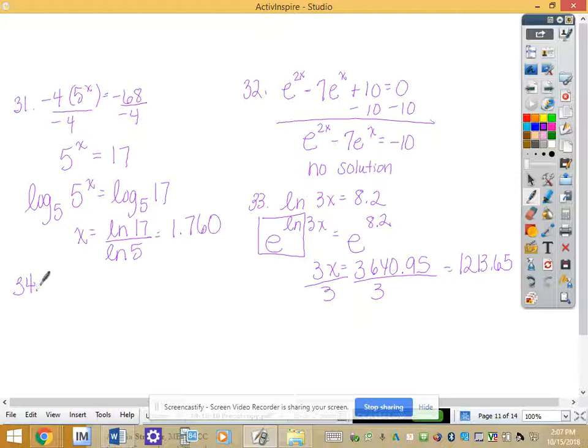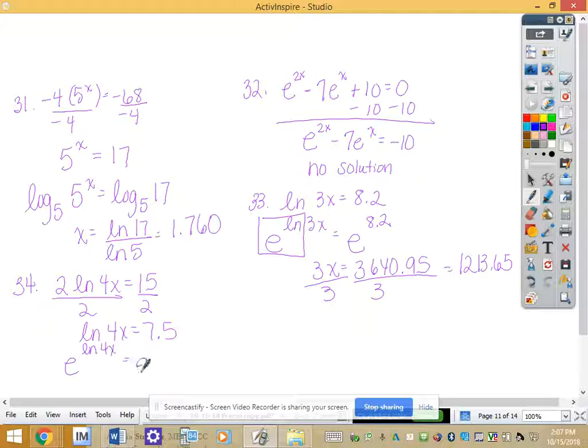All right, last two. 34 is 2 natural log of 4x is equal to 15. So we have to get rid of this 2, so divide everything by 2. So natural log of 4x is equal to 7.5. And to get rid of natural log, we have to do e on both sides again.